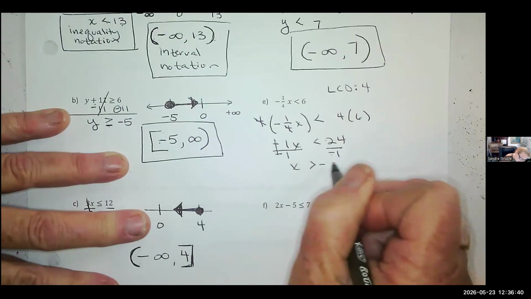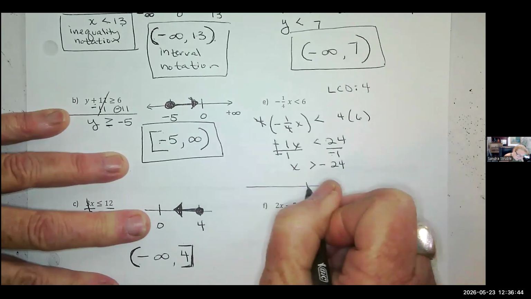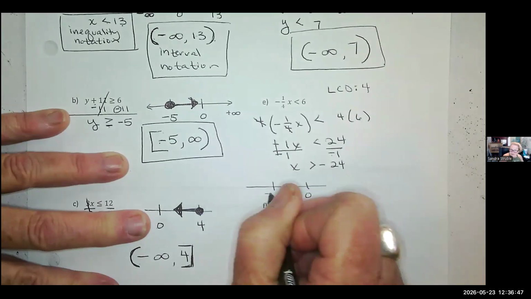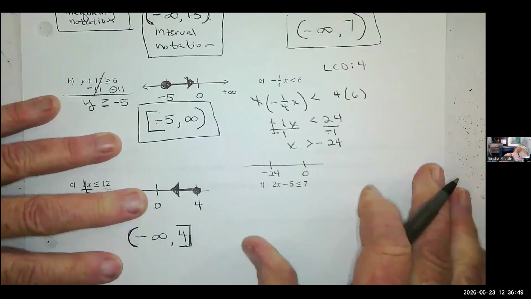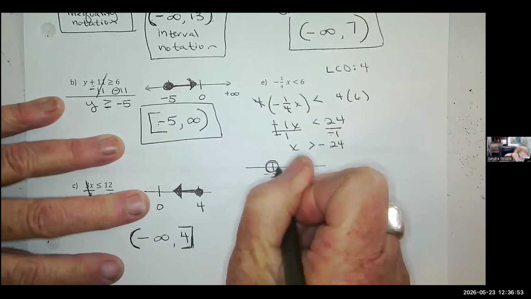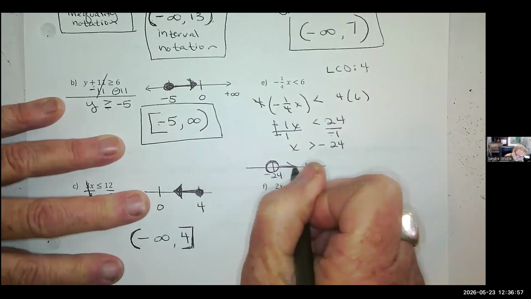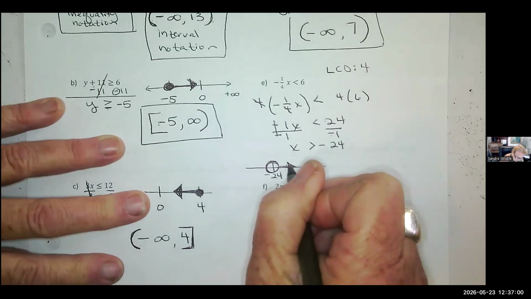Let's do our number line, -24. There is no equal sign with this, so it just gets a dot. I'm sorry, it gets a circle. And x is greater than, so that means it has to go towards the 0. Lastly, let's go ahead and write our interval notation.